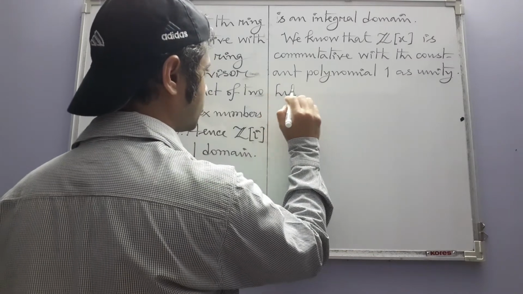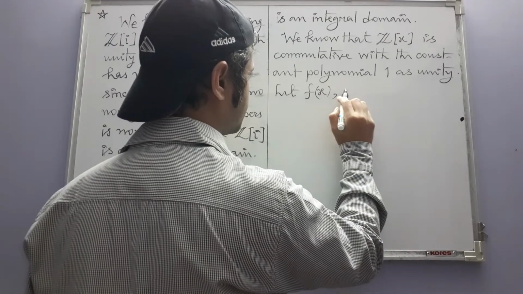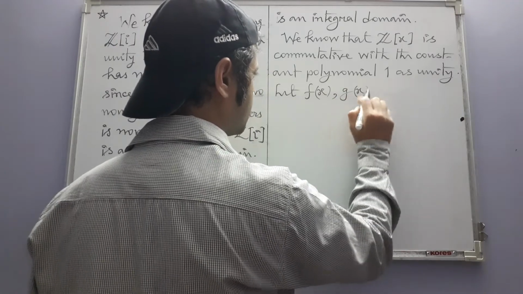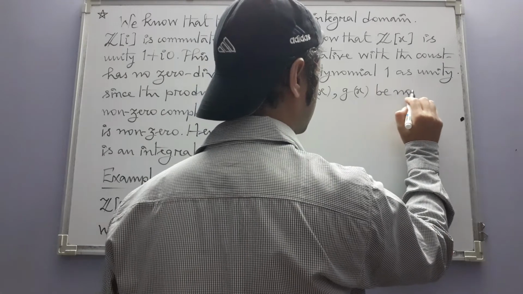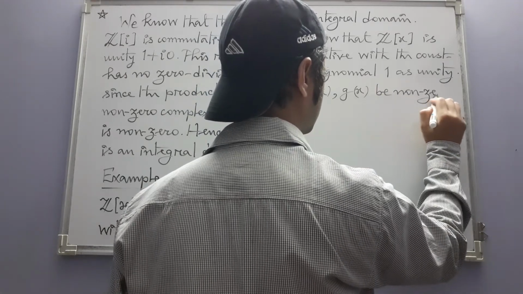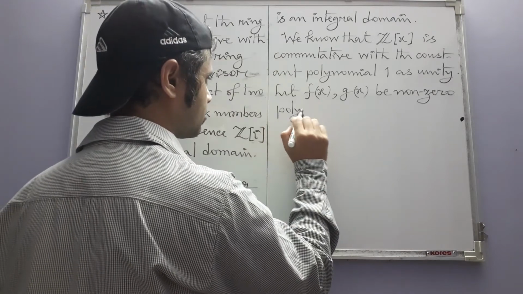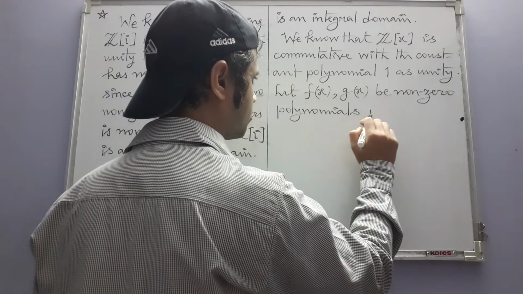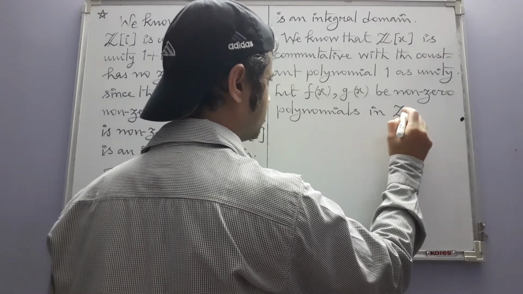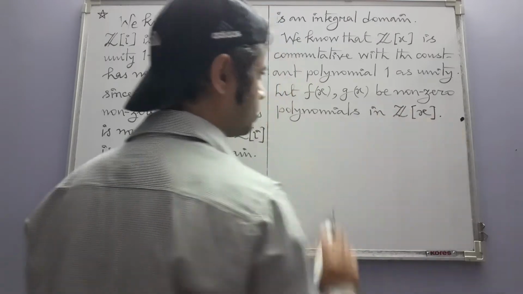Let f(x), g(x) be non-zero polynomials in this ring.